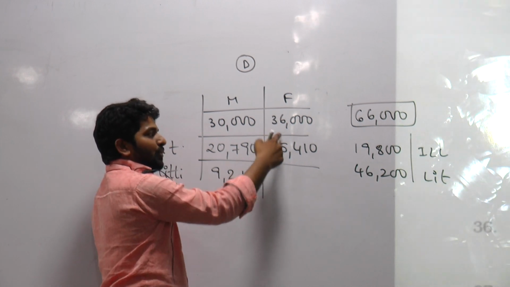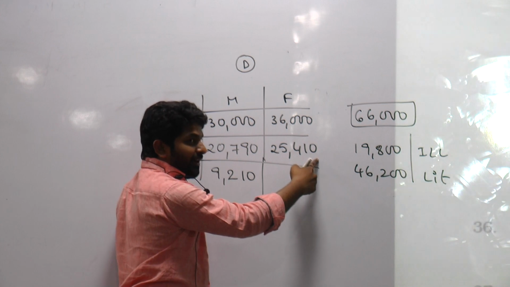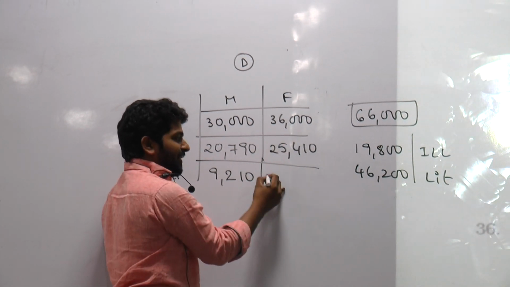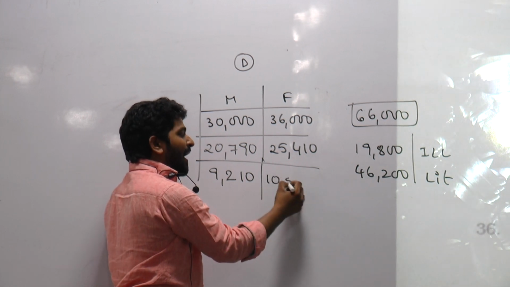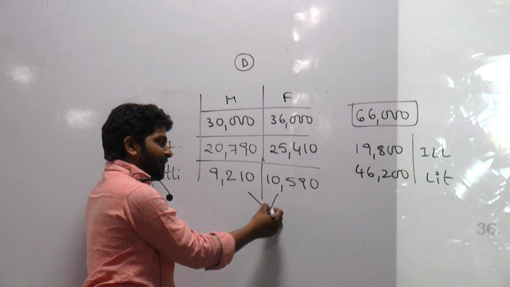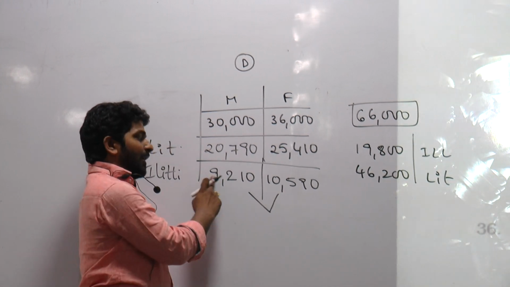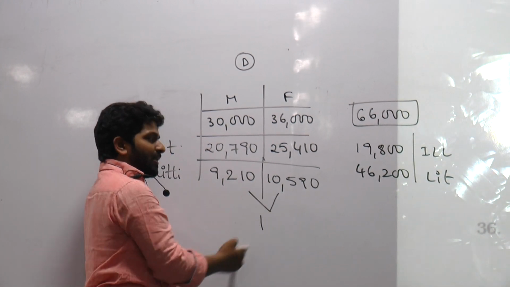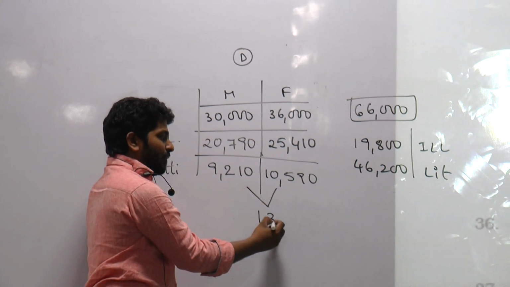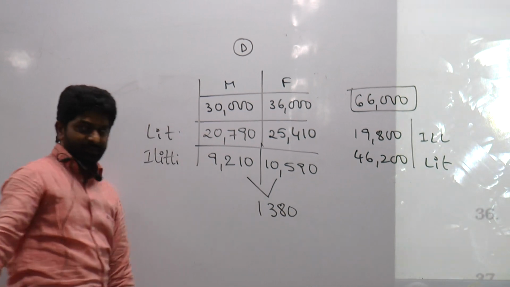Difference of these two. Subtract 26,000, add 590. Subtract 26,000, 10,000, add 590. And you are asked about the difference of these two numbers. 9,000 subtracted from 10,000, 1,000. 210 subtracted from 590, that will give you 380. 1380 answer.